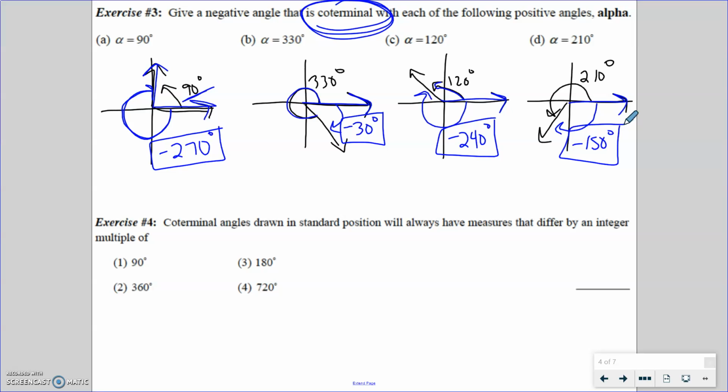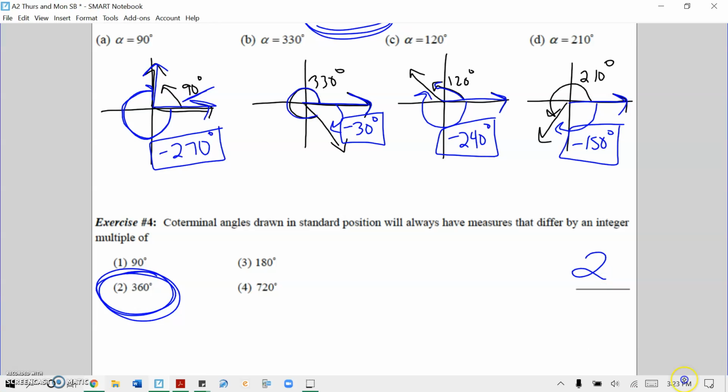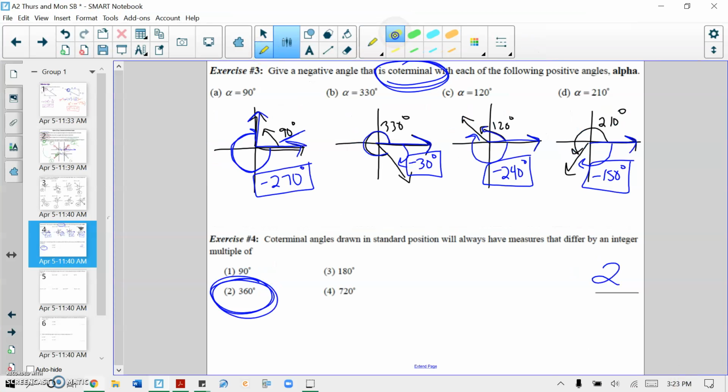So here's what exercise number 4 is getting at. Coterminal angles drawn in standard position will always have measures that differ by an integer multiple of, and the correct answer is 360. If you go back to the questions we just did, 90 minus negative 270 gives me 360.